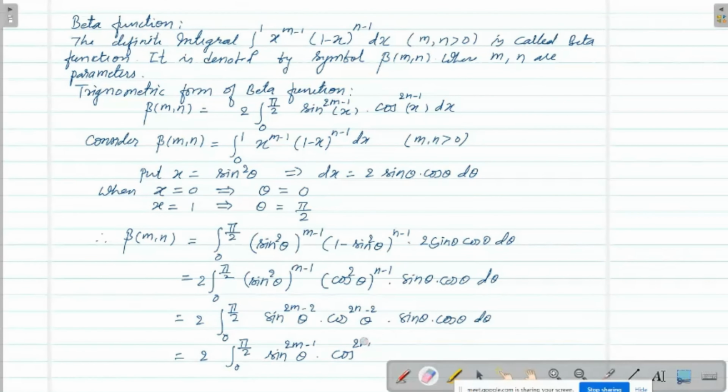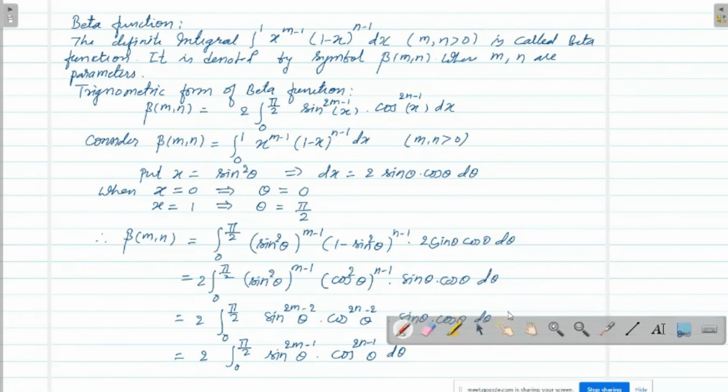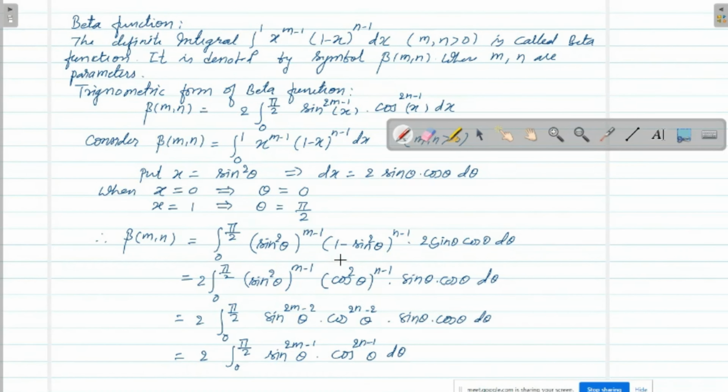Just write on n. So this is cos 2n minus 1 theta d theta. Now again we change the power.